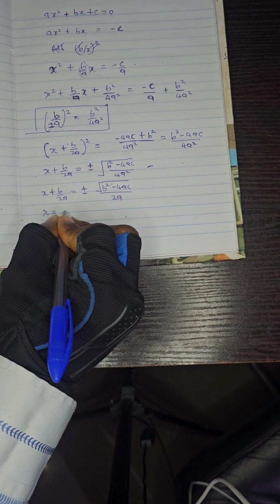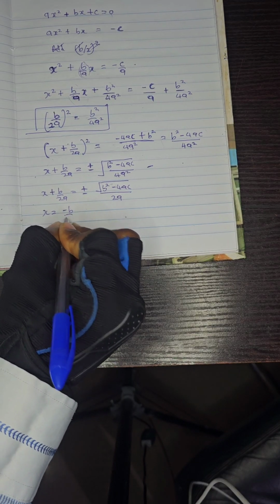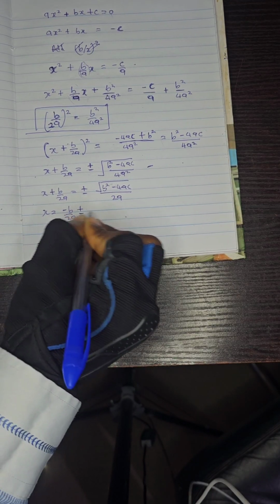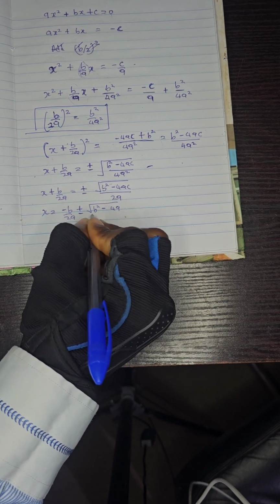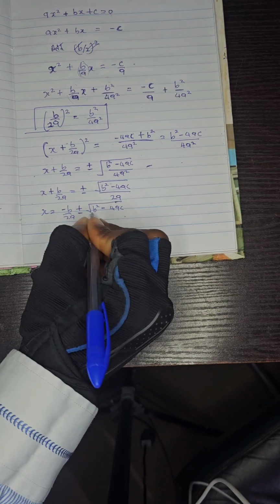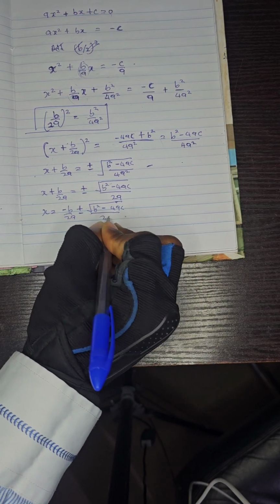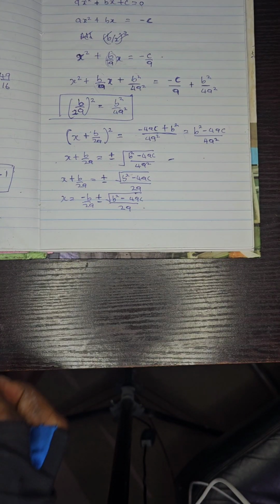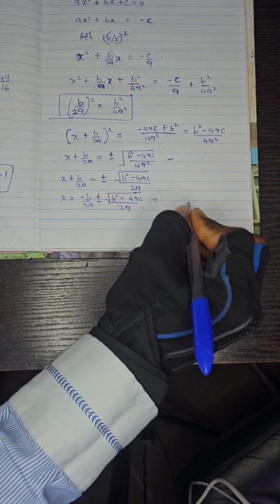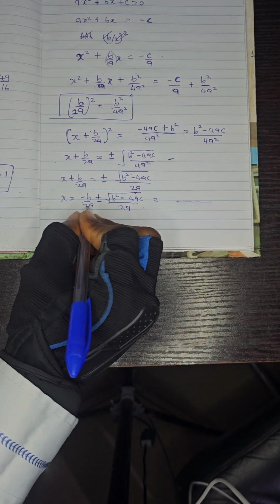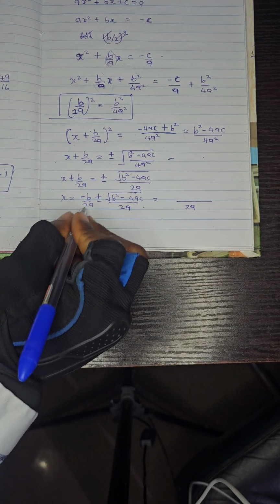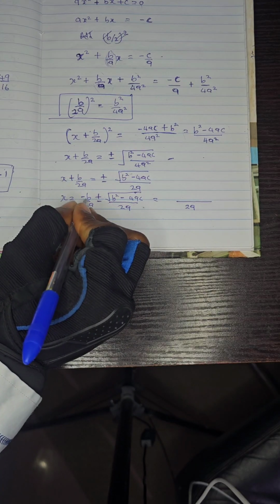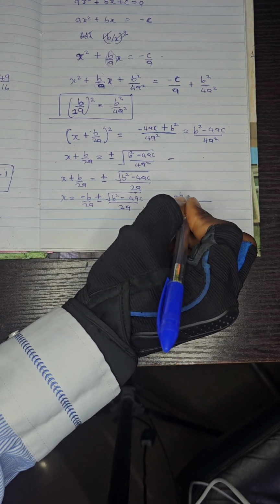Now make x the subject of the formula. x will now become minus b over 2a plus or minus square root of b squared minus 4ac all divided by 2a. So if we solve it with our normal fraction, both of them have 2a, so 2a divided by 2a is 1, 1 times 2, we have minus b.